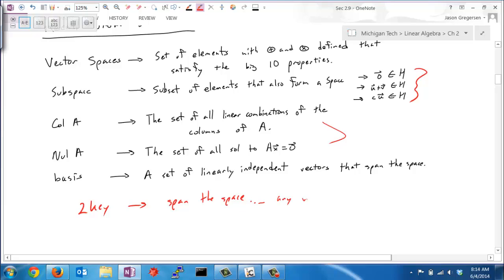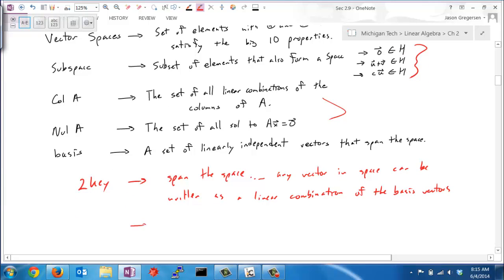So that means any vector in the space can be written as a linear combination of the basis vectors. You have this little group of basis vectors, and you say, you need to get to this vector. Oh yeah, it's 2 of these, 1 of those, 3 of these. There's always a way you can do that because they span the space.